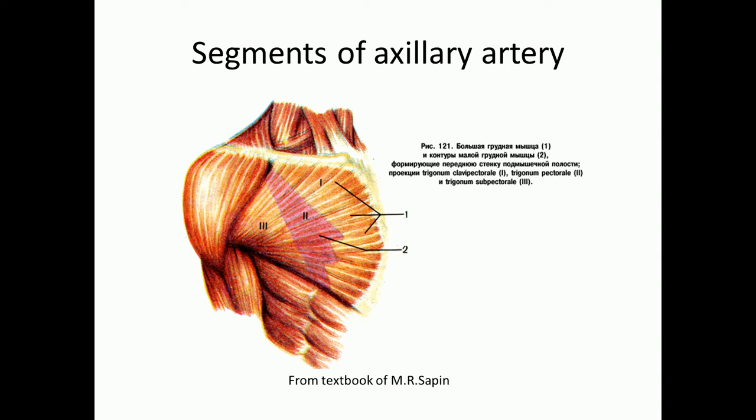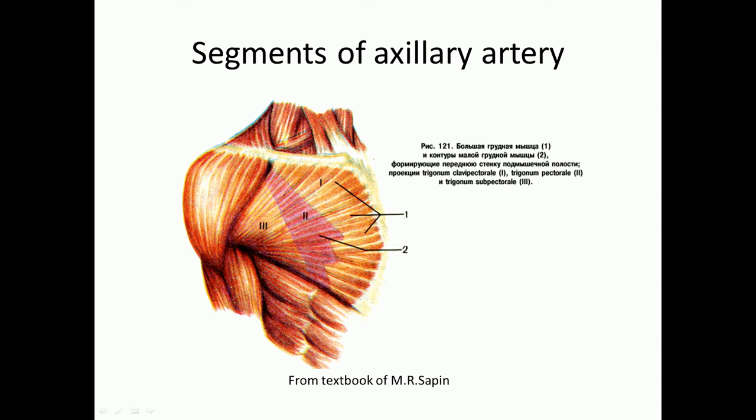There are three segments of the axillary artery, and using this picture from the textbook of Sapin, here the designation is in Russian, but nevertheless in Latin, we can find the name of each segment. So there are three segments.